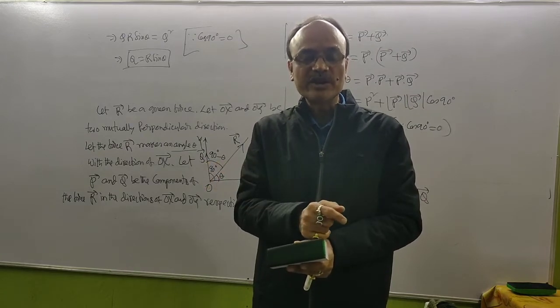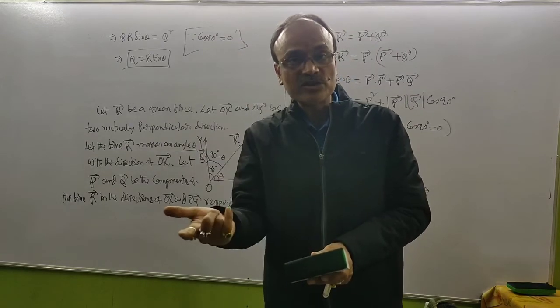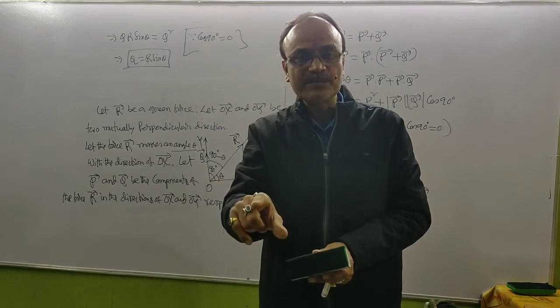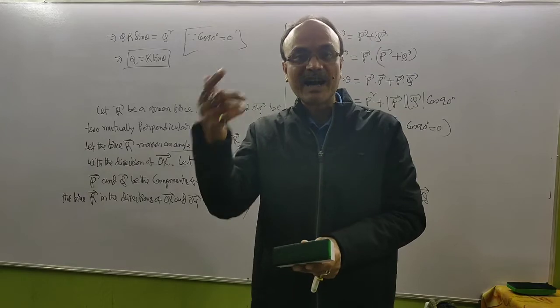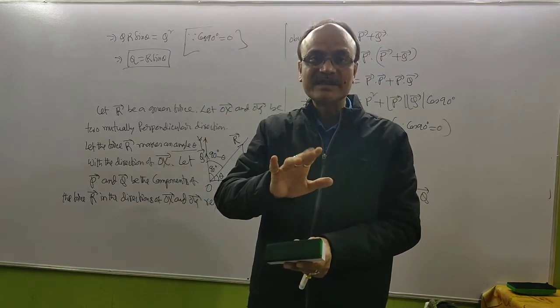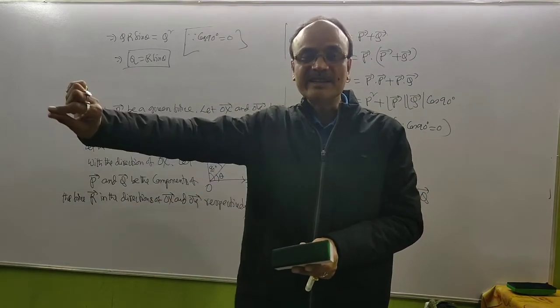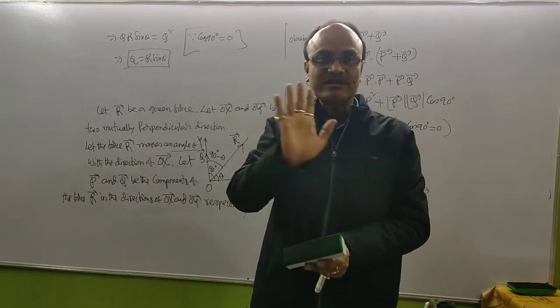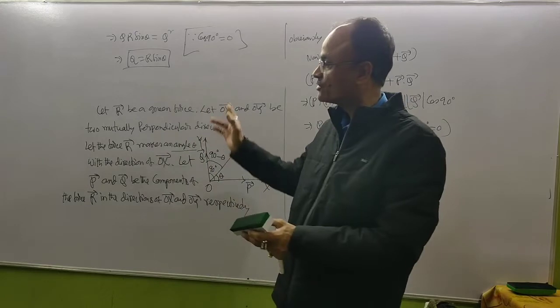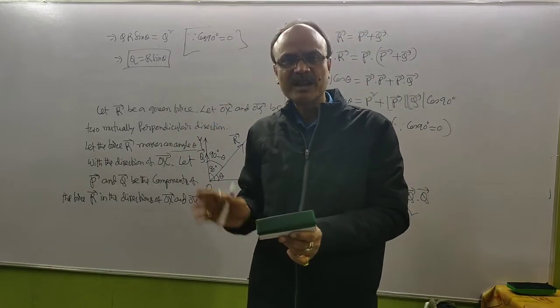If it makes an angle theta in one direction, then the resolved parts will be respectively R cos theta and R sin theta: R cos theta in that direction and R sin theta in a direction perpendicular to that direction.